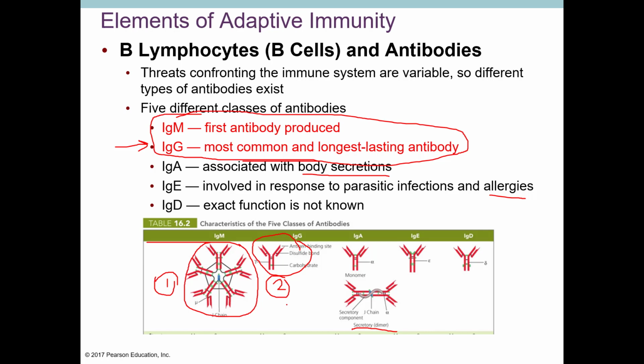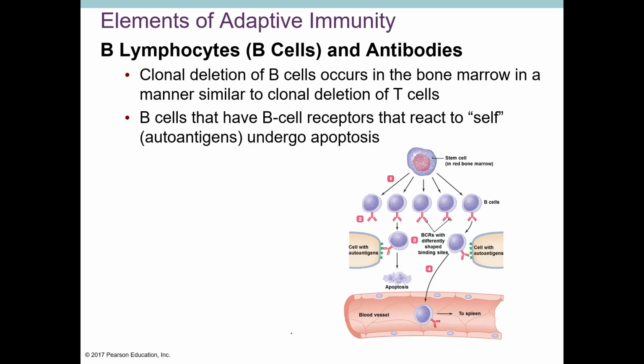IgM has this structure. IgG is more typical. So those are your antibodies. Now, just like T cells go through clonal deletion, B cells also go through clonal deletion, in the bone marrow.